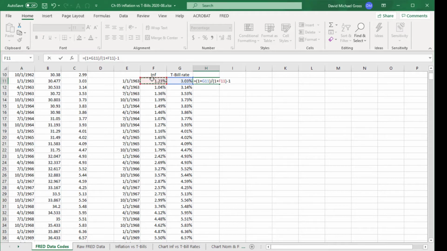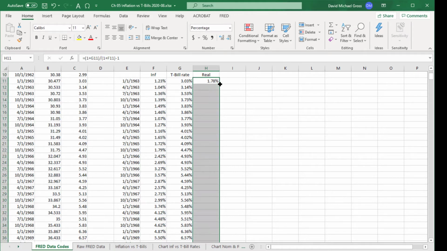There it is, 1.78%. And so this is essentially the real return that they expect, not the realized. This is the expected real return.